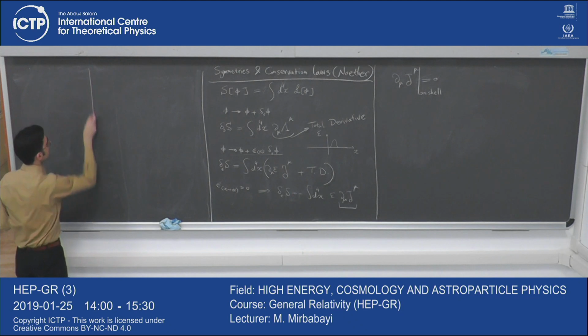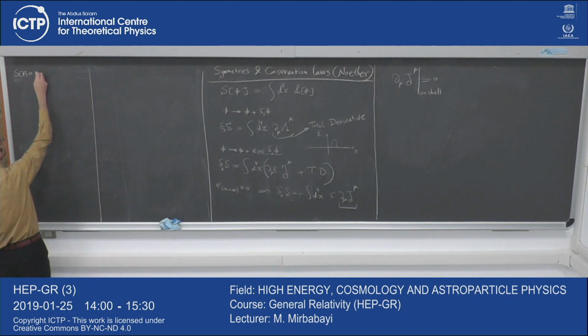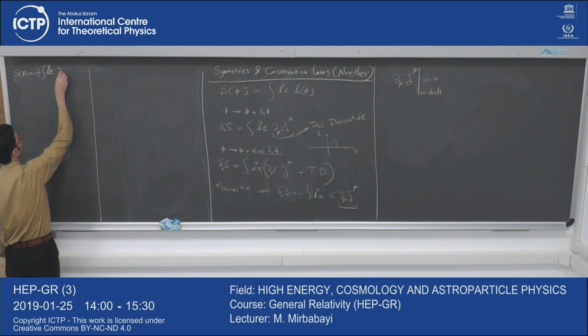Okay, so the simplest example is let's consider some scalar field, a free scalar field. So again, S of phi, but now this phi is not an abstract notation; it's really a free scalar field whose action is ∫d⁴x (∂phi)².